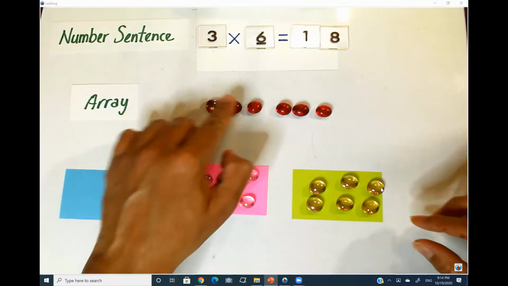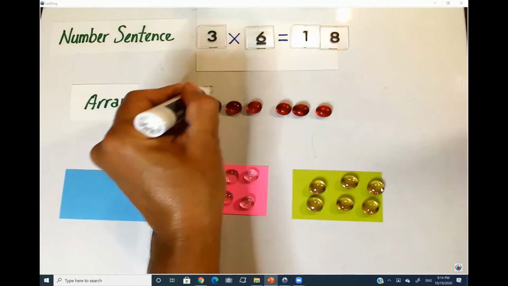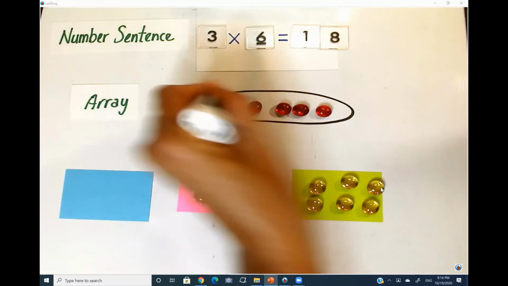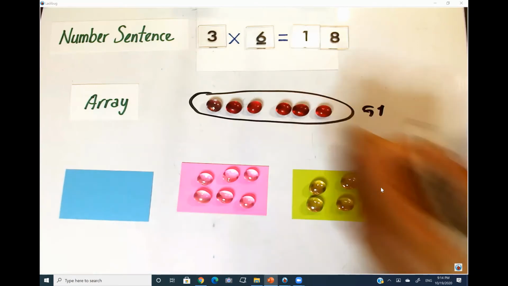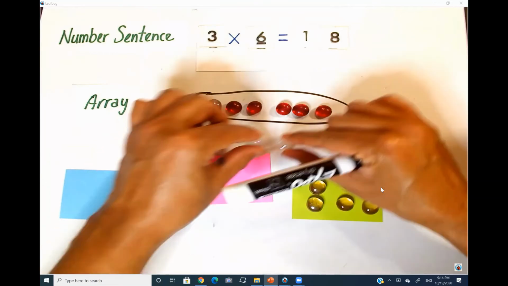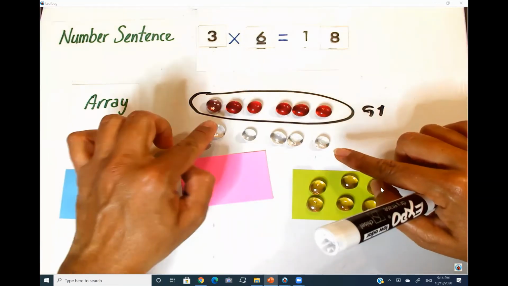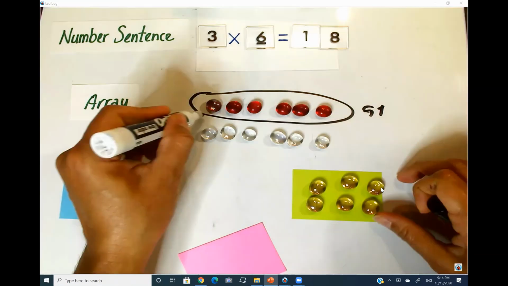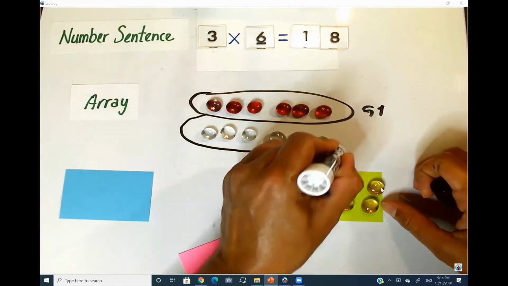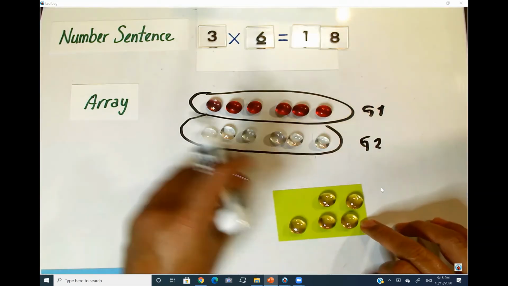So again, this is my group number 1. This is going to be my group number 2. And my group number 3.